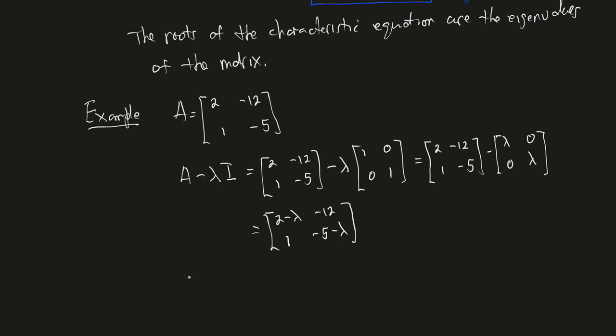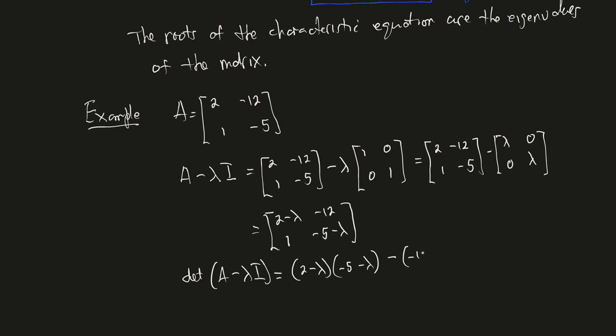So now let's write down the determinant of A minus lambda I, right? Use the formula for our 2 by 2 determinant. Take this entry, the quantity 2 minus lambda, and multiply by this entry, -5 minus lambda, and then subtract the product of the -12 and the 1.